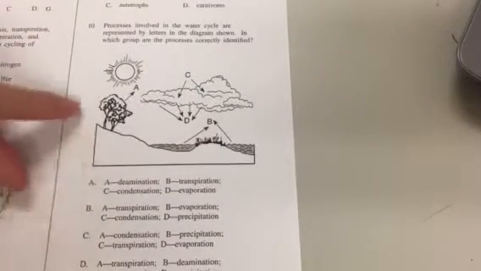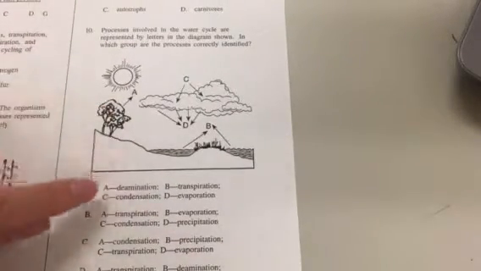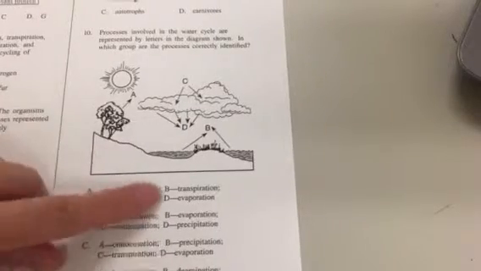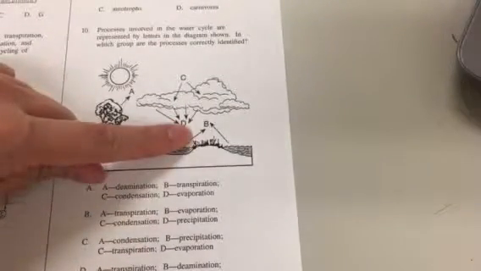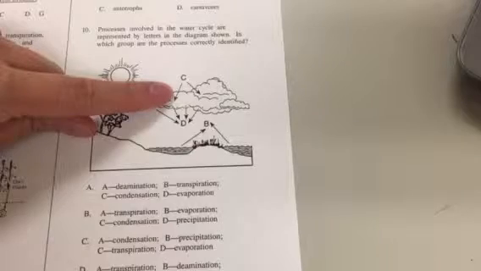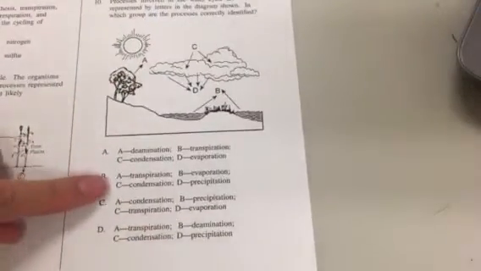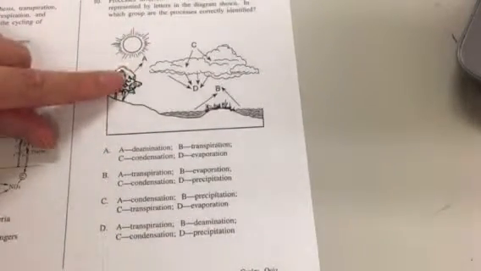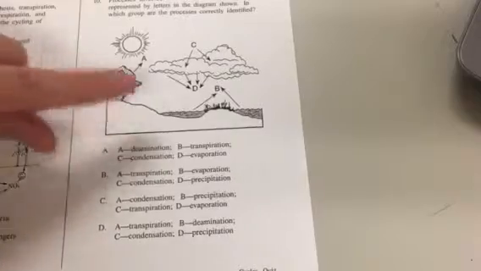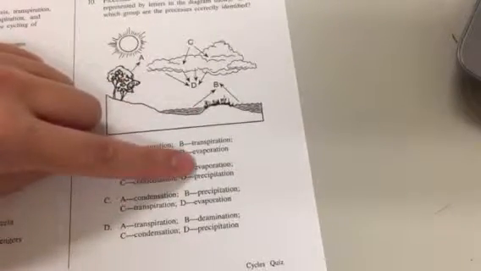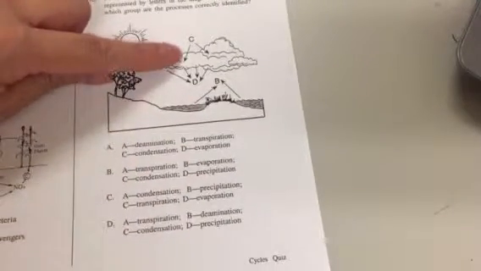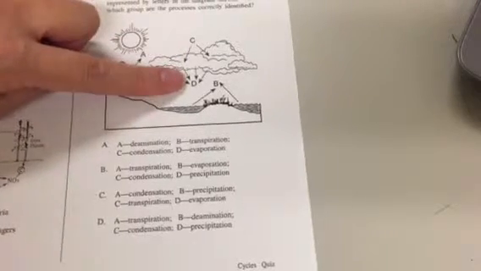All right, so A right here, they're saying is deamination, B is transpiration, C is condensation, and D is evaporation. All right, B is saying that the trees are doing transpiration, the water is doing evaporation, C is condensation, and D is precipitation.